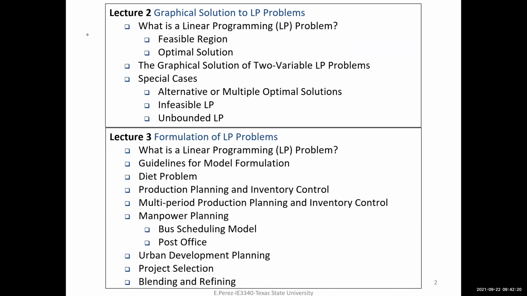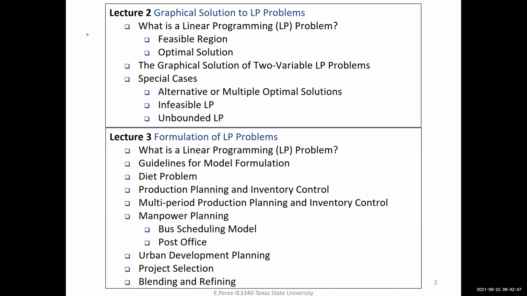And then lecture 2, we started our operations research material. So we talk about formulating 2 decision variable problems. And then we also talk about what is a feasible region, how to find the optimal solution using the graphical method, and we solve problems using the graphical solution method.